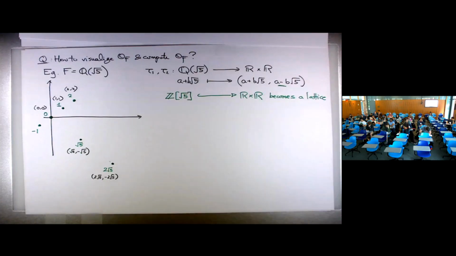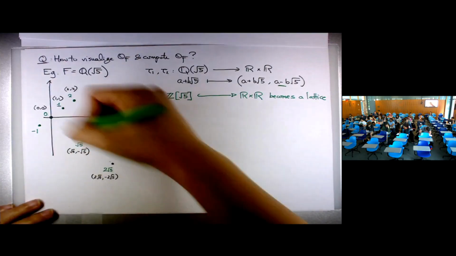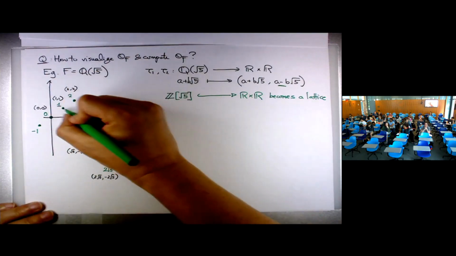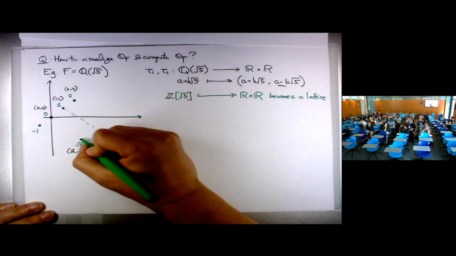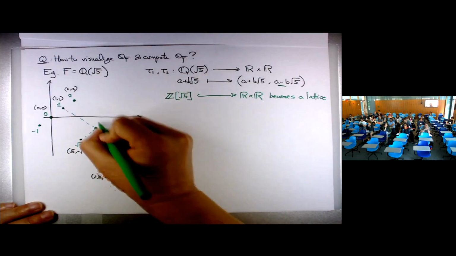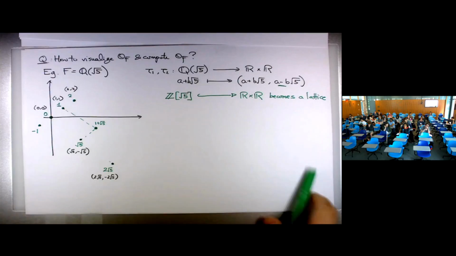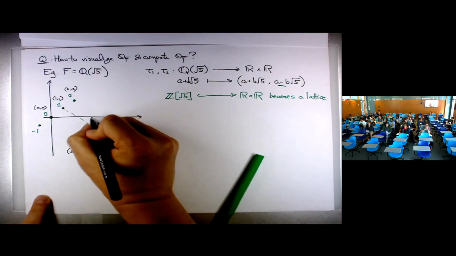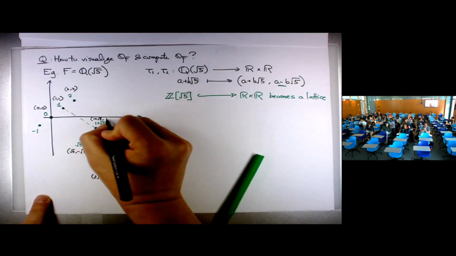Okay, so where does 1 plus root of 5 go? Well, you can think of it as a vector space, right? You have this vector from 0 to 1, and then you can start to put these together. That's where 1 plus root of 5 is. The actual coordinate is just (1 plus root of 5, 1 minus root of 5).